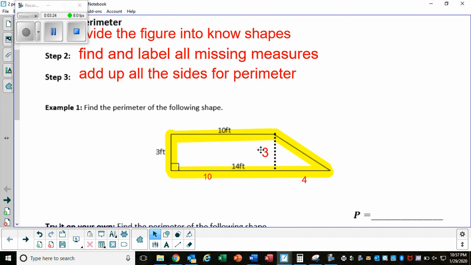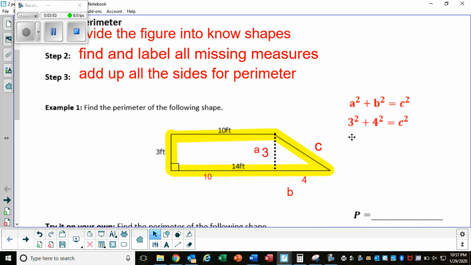So I'm going to label what I got. I got an A, I got a B, and I need to find C. So I'm going to use Pythagorean Theorem to find that. a squared plus b squared equals c squared. Well, a is 3, b is 4.